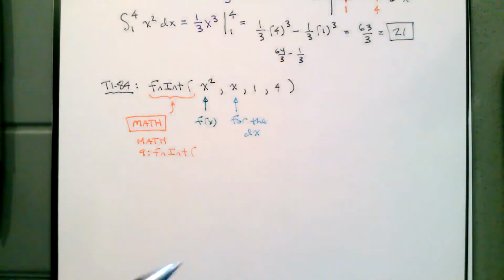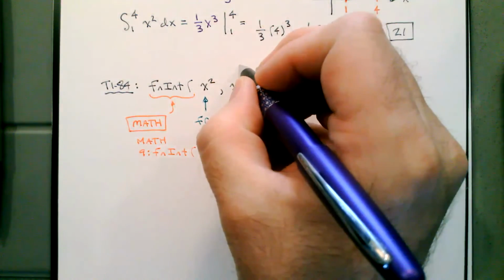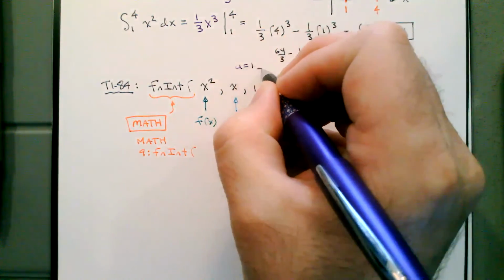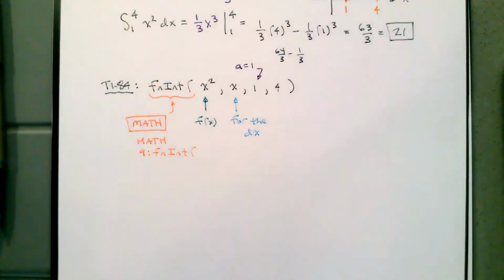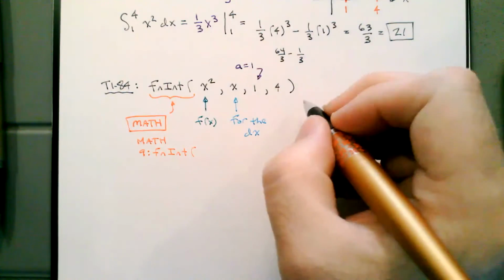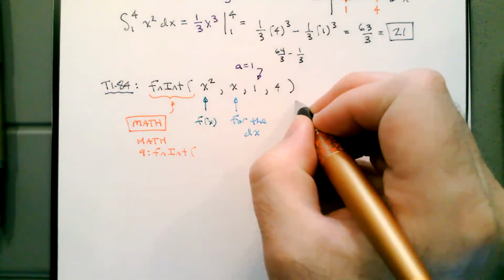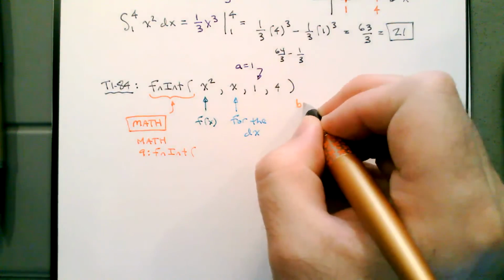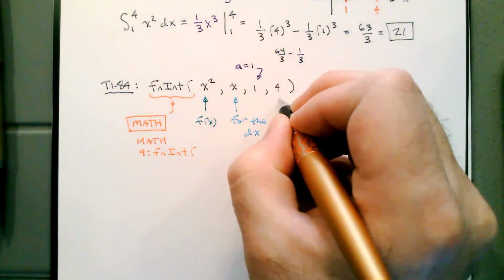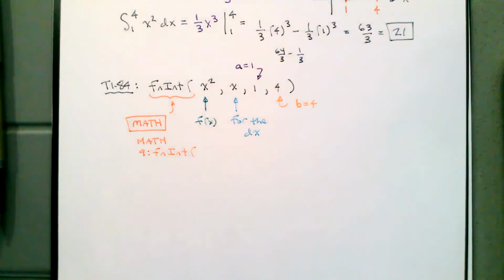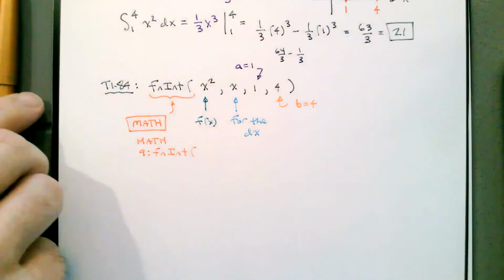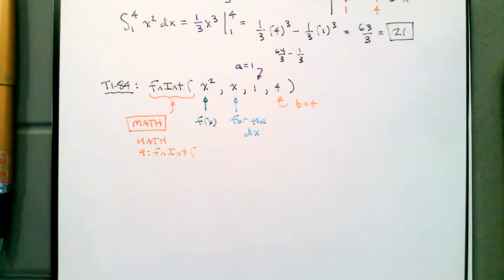And then from 1 to 4. And that's the syntax for the definite integral command on the TI calculator.